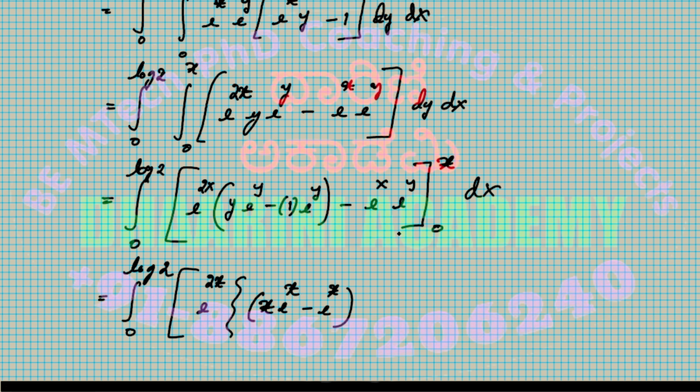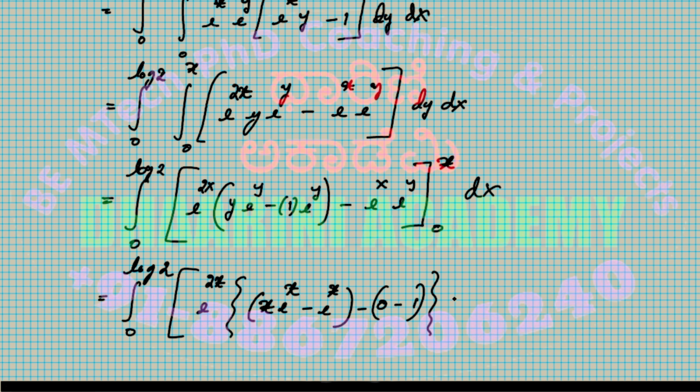This is what happens when I put x over there. I should subtract whenever you put 0 over there. So first term is 0 minus e to the power 0, that is 1, correct? Right, so that's the first part.